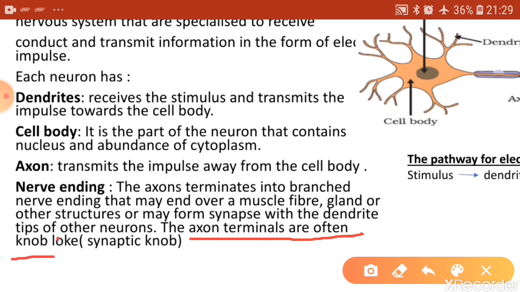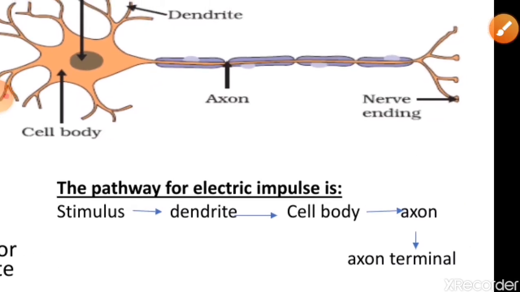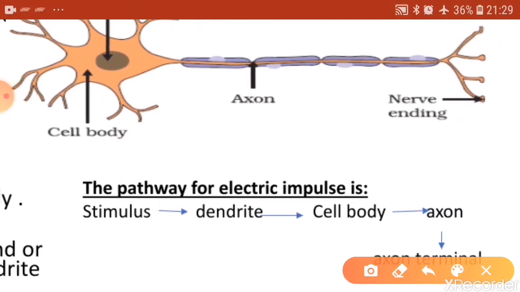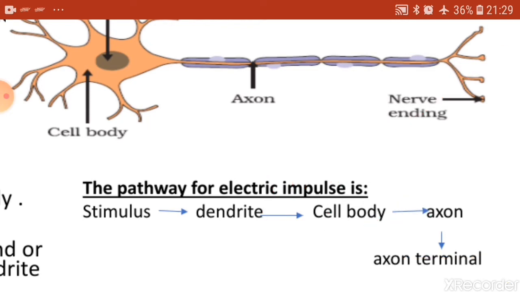They are knob like, and these knob like structures present at the end of the axon terminals are called synaptic knobs, right?